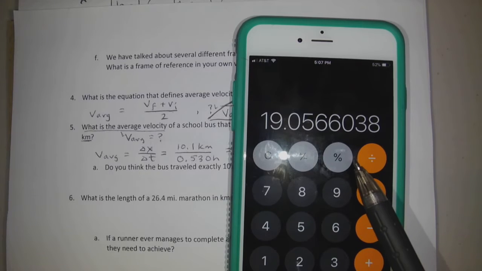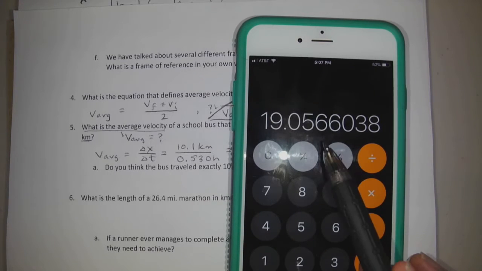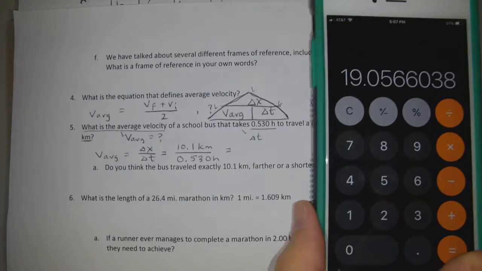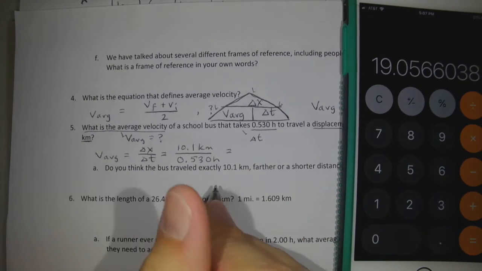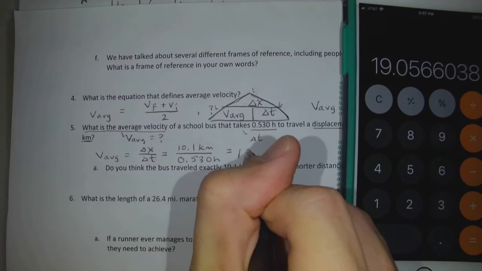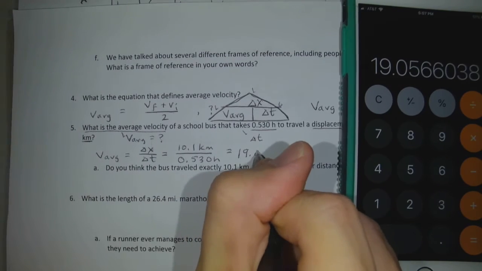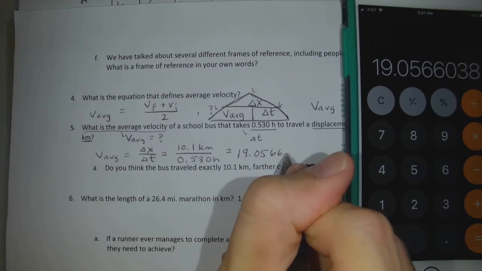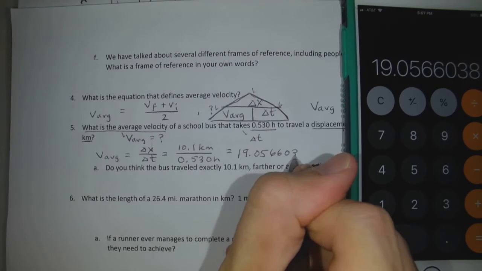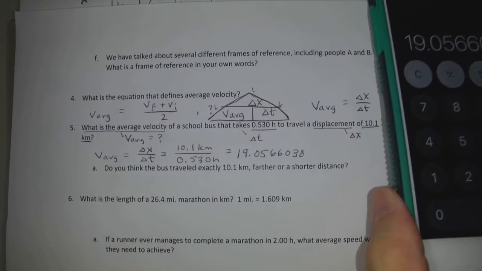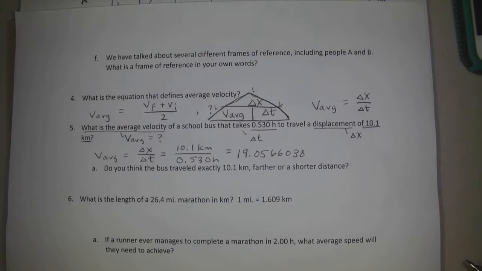But do you think that we really know the speed of the school bus at any point with this much detail? I don't think so. But I'll write down kind of a ridiculous amount here. 19.0566038. And then what else do I need to write down?